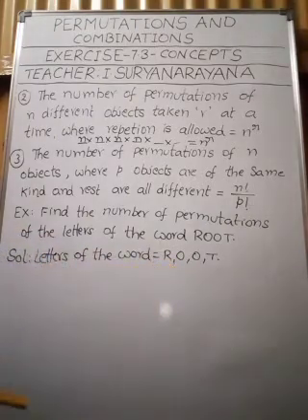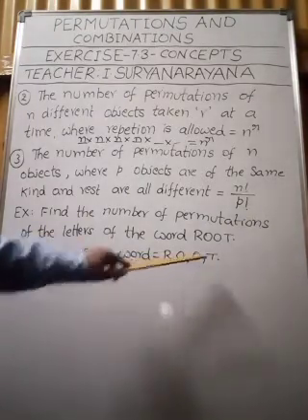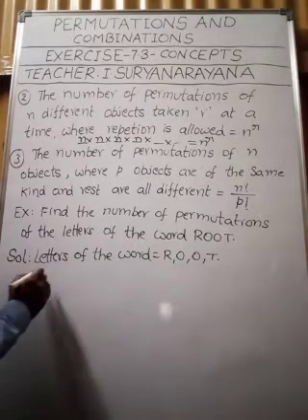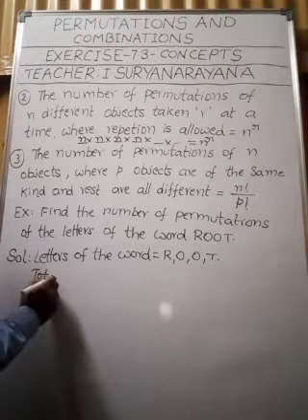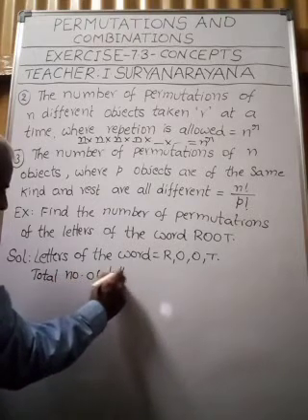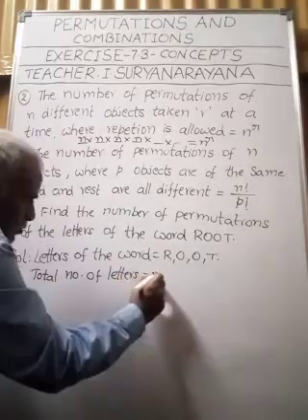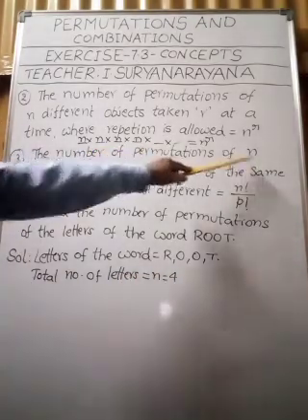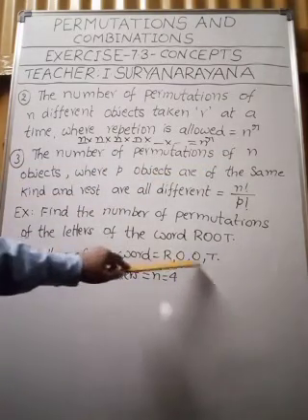Yes or no, my children? How many letters are there? 4 letters. Total number of letters, n is equal to 4. So total n objects, total n letters are there.